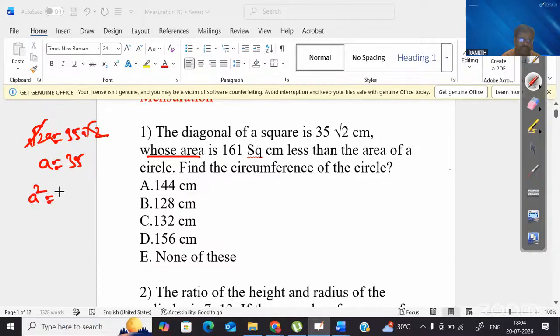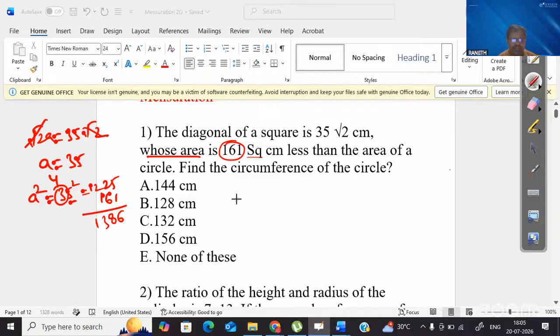A square equal to 35 square, where 35 square is 1225. Whose area is 161 square centimeter less. In the sense, we need to add 1225 and 161. If we add these two, it will be equal to 1386.